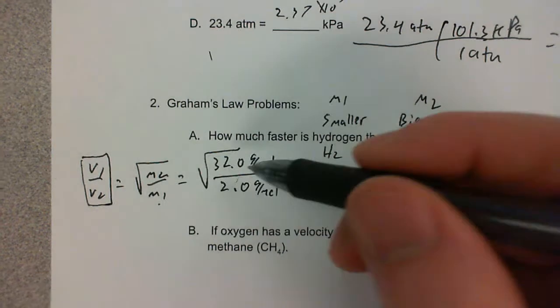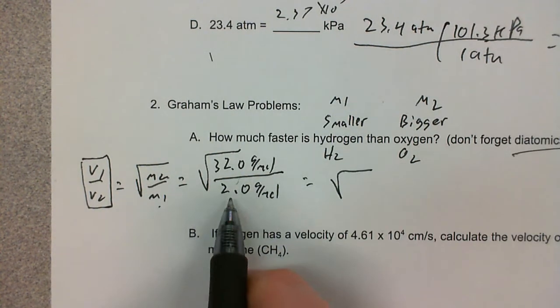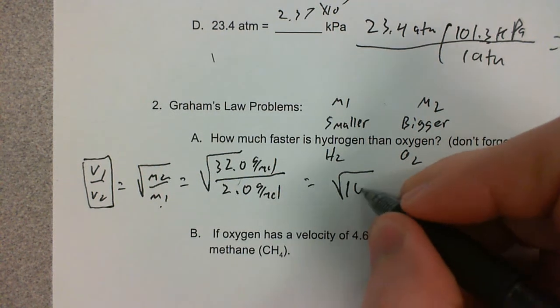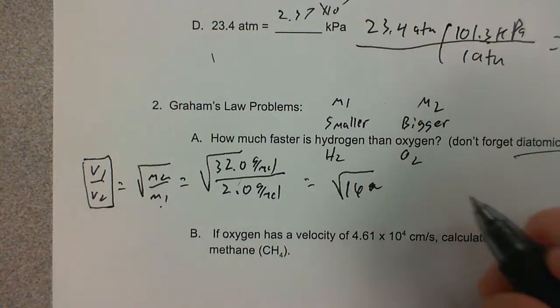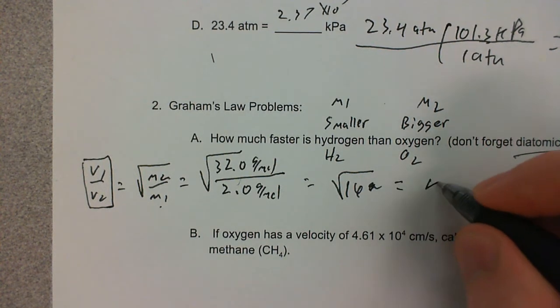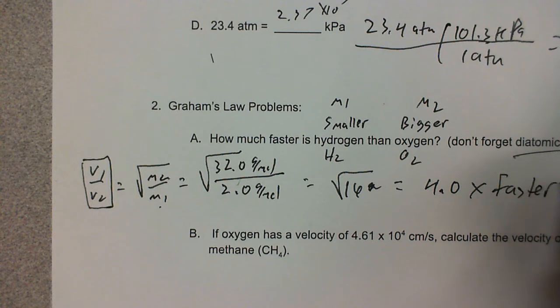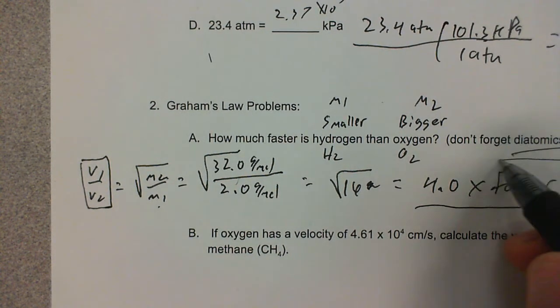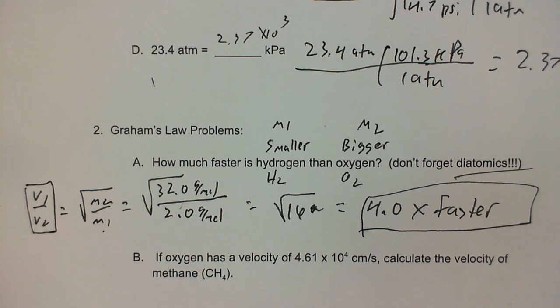I divide first and take the square root. I end up with the square root of, only 2 sig figs, be careful here, 16. The grams per mole cancels, and the square root of 16 is 4.0 times faster. So 4.0 times faster. All right, so that's how you do the first type of problem.